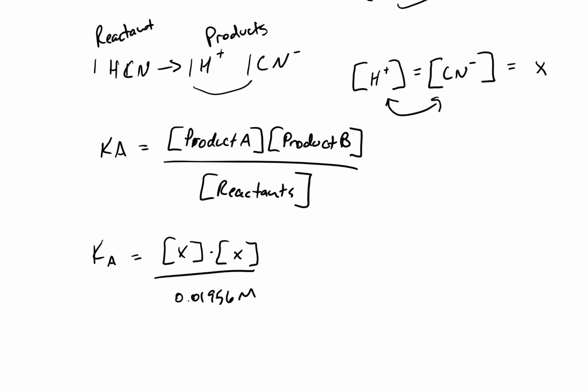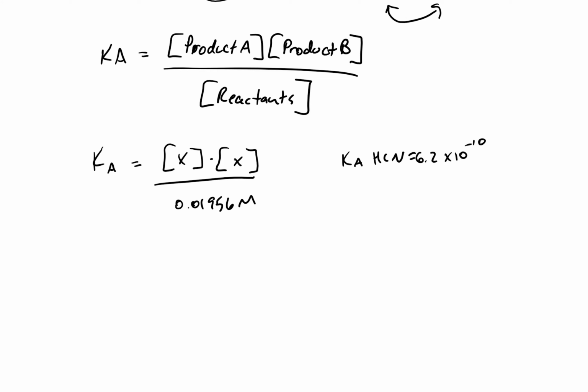And our Ka of hydrocyanic acid from up above is 6.2 times 10 to the negative 10. So now we just substitute this value in right here. We're going to have 6.2 times 10 to the negative 10 is equal to x squared divided by 0.01956.